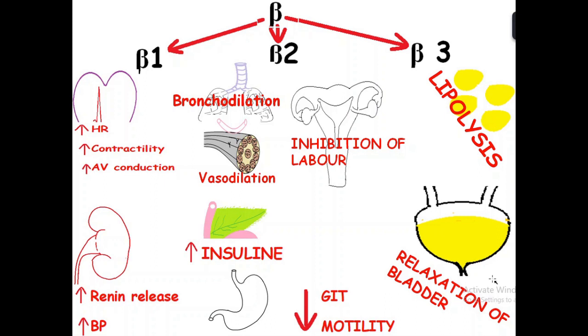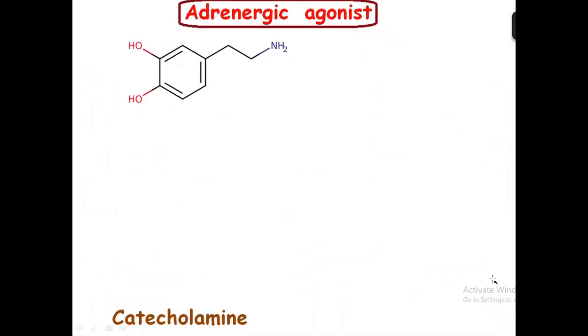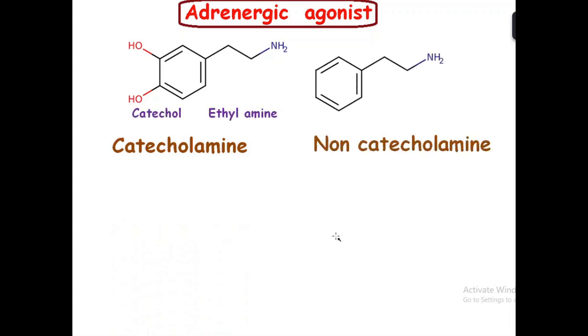Now let's talk about the actual adrenergic agonists, the drugs. So adrenergic agonists fall into two major chemical classes, that is catecholamines and non-catecholamines. As a refresher, a catecholamine is an organic compound that has a catechol, which is basically a benzene ring with two hydroxyl groups.